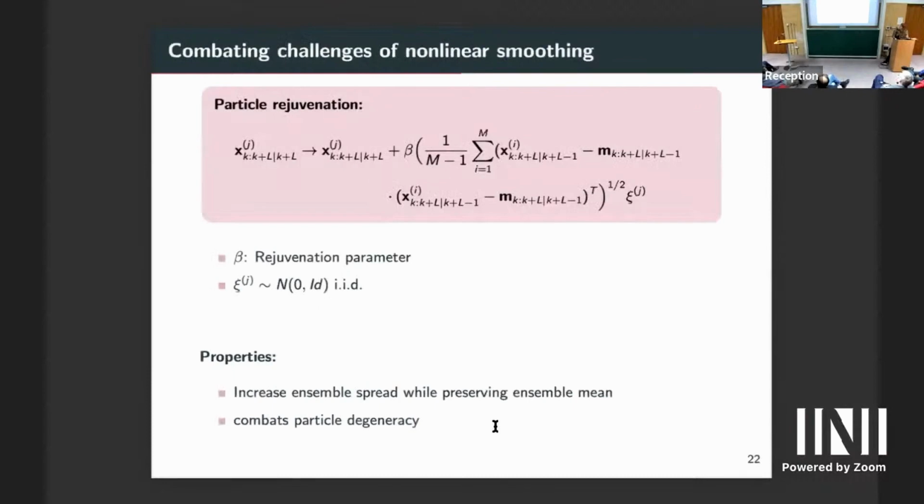Also for the inverse problems, I guess that's what you want to do: in this evolution step, you want to increase the spread of the particles because you hope to get to a better direction, and you also know that you're underestimating.